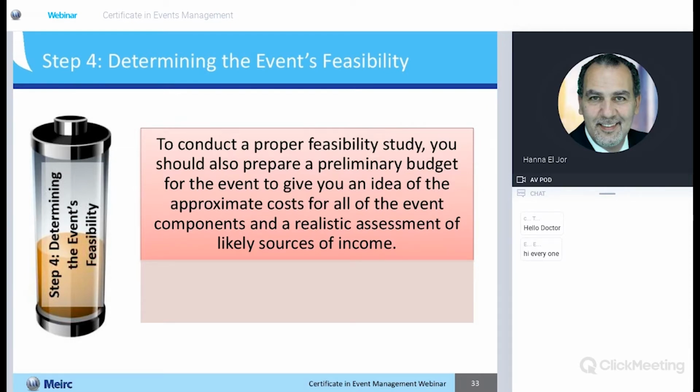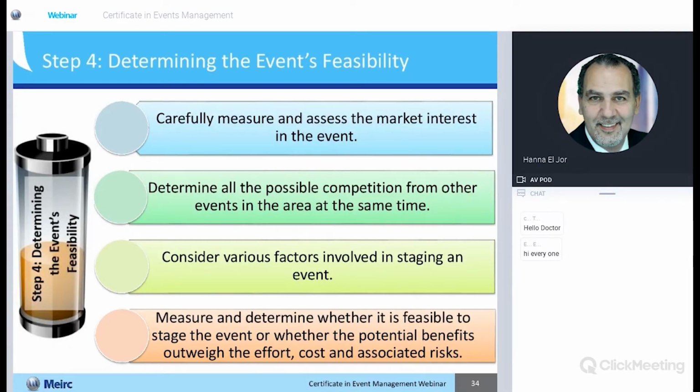The human resources, if you have only 10 people and your event will need 50 people. If you don't have the budget to hire 40 more people, that means it is not feasible. Also, the feasibility should be related to the ROI, return on investment. I think we will talk a bit more about it later on.